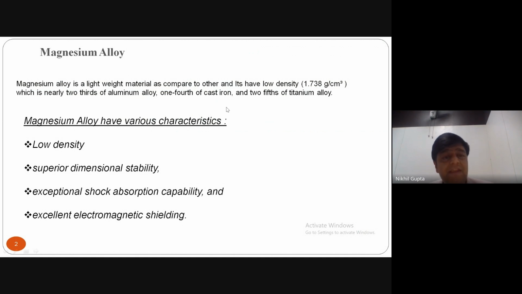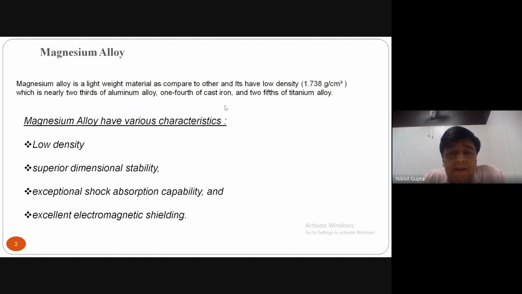Magnesium alloy is a lightweight material compared to others, because the density of this material is very low, 1.738 gram per centimeter cube, which is 2/3 of aluminium, 1/4 of cast iron, and 2/5 of the titanium alloy.